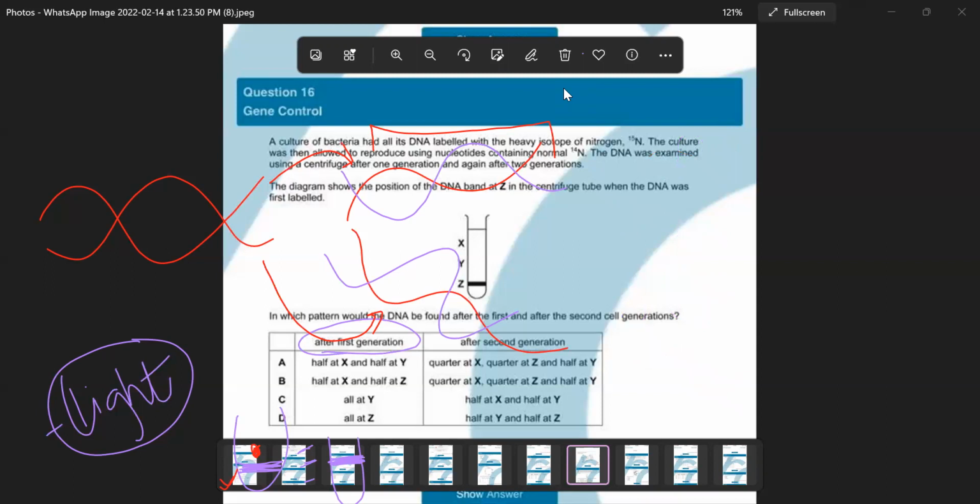So now I'm doing it for the second test tube. In the first test tube, I said both of these are half-half. Aren't they half-half? Yes. So which means all will be at Y, right? Yeah. Now in the second generation, this was the first generation.